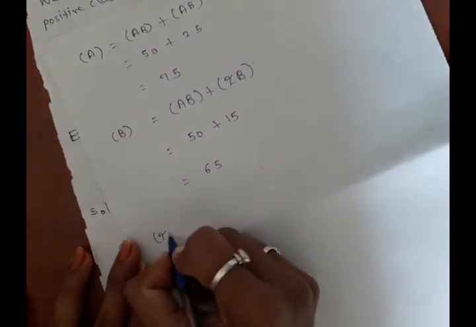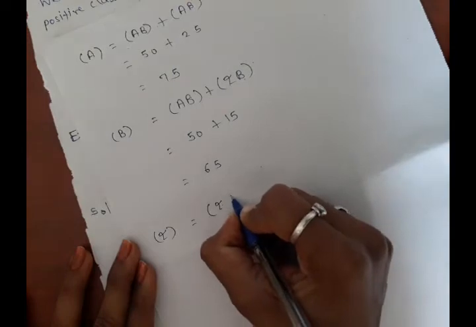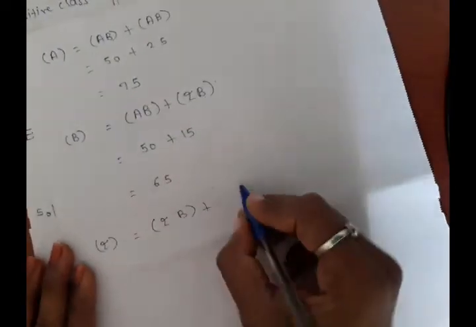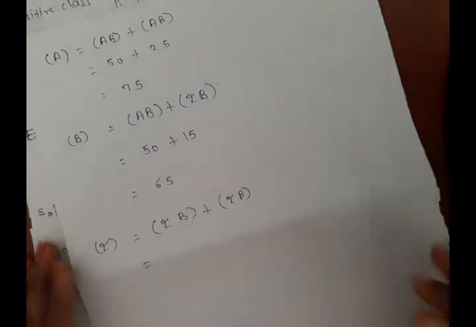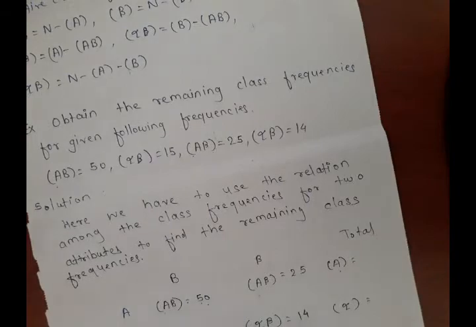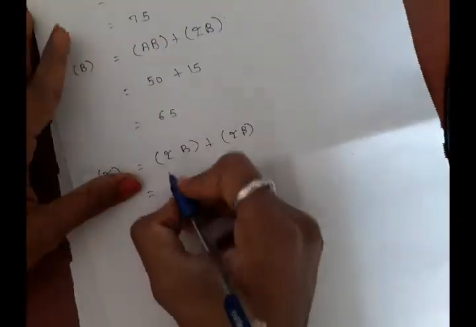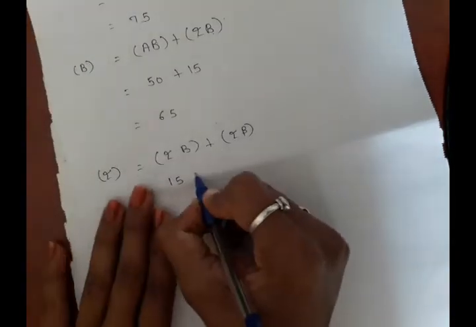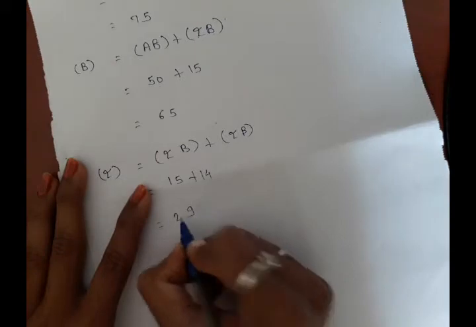Next, (α) is equal to (αB) plus (αβ), where (αB) is 15 and (αβ) is 14. Then 15 plus 14 is equal to 29.